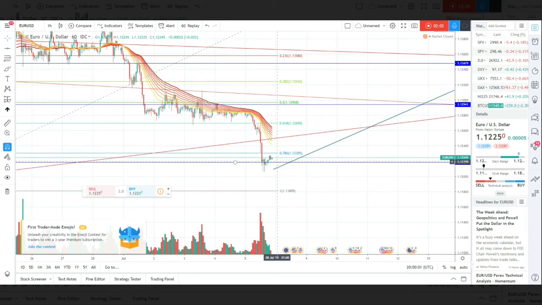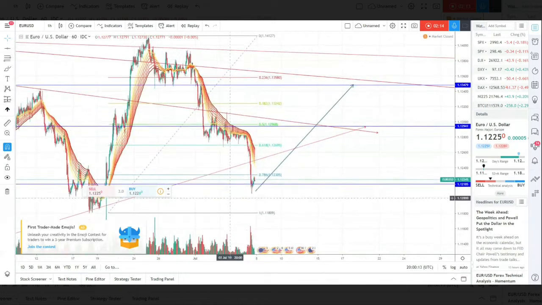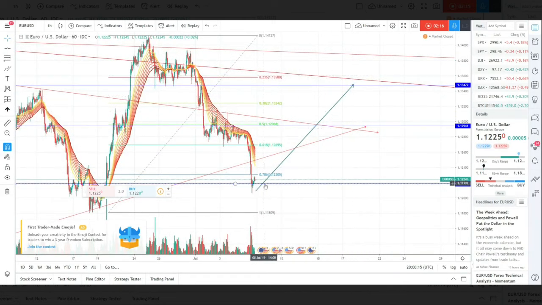We saw the euro index and the dollar index. The dollar index is on the way down, the euro index is on the way up. That means that the euro USD is also on the way up, as you can see over here. So if it hits support, it's okay. 1, 2 times, usually the third time is a charm, and it goes up.